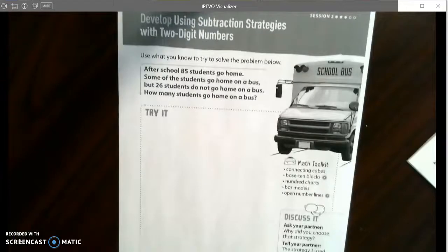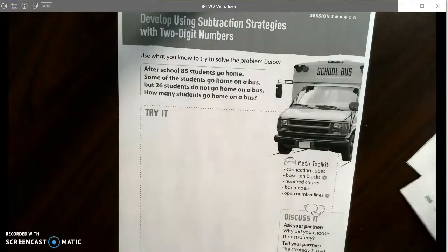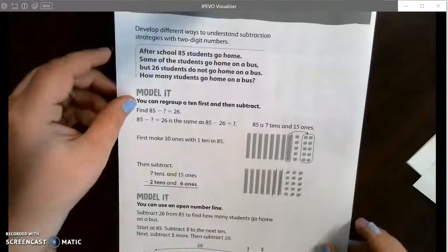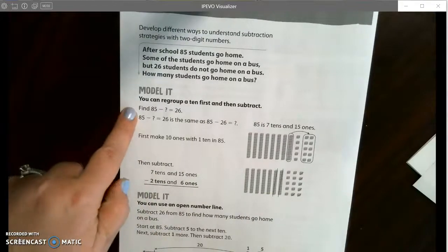All right. So again, you're using a strategy that you have learned so far and that you like to solve this problem. And I want you to use that strategy to compare it to these two. Okay? So you're flipping the page to look at this. This is the model it.